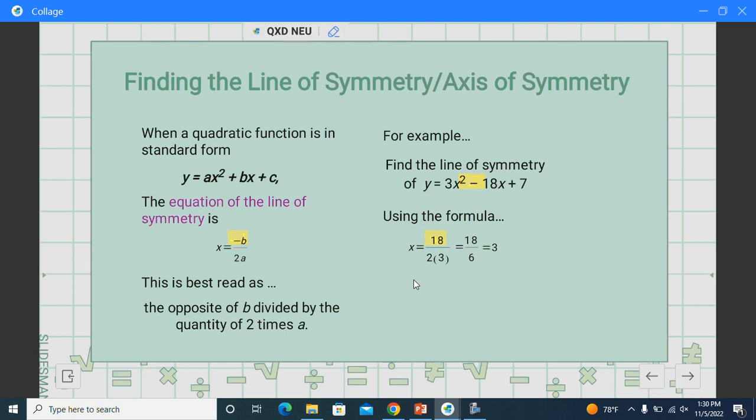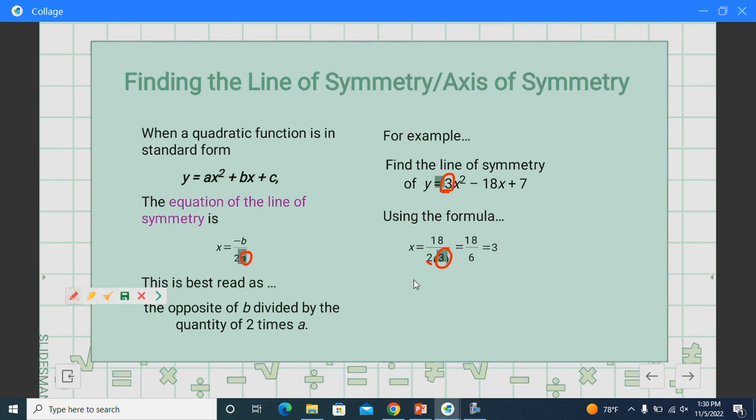Next, you have 2a. There is a problem in the presentation, let me correct that. Our a is 3. So therefore, 2a is 6. Now we have placed 3 as our a.